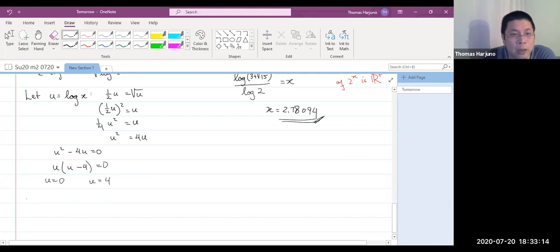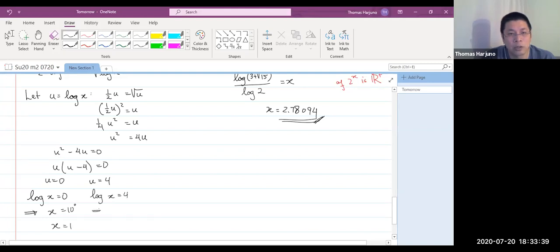Now you put it back. That's log of x equals 0. If log x equals 0, then x equals 10 to the 0, right? Which is 1. And then for the other branch, log x equals 4.